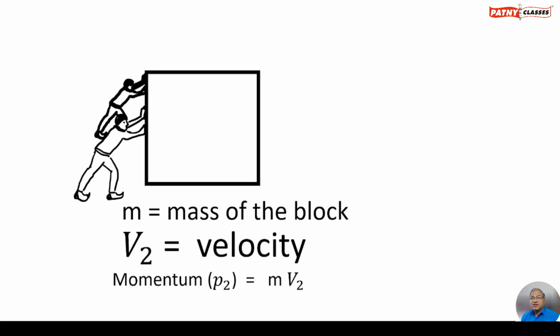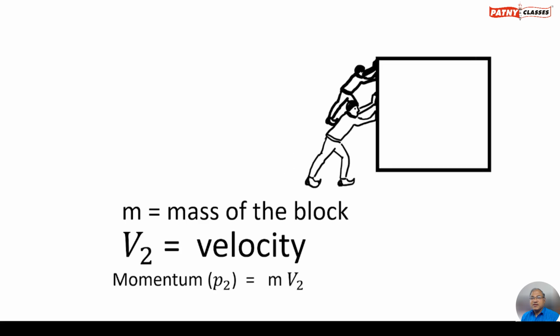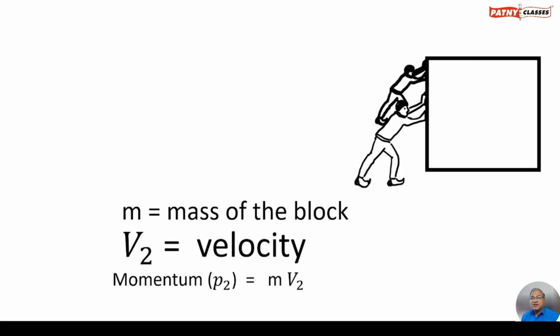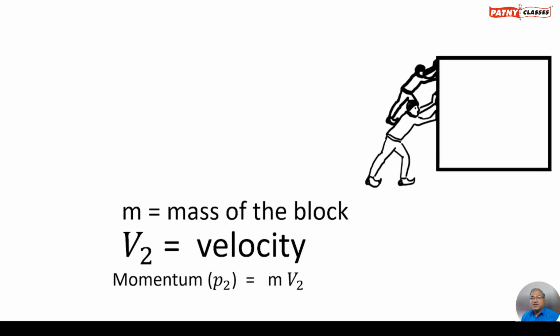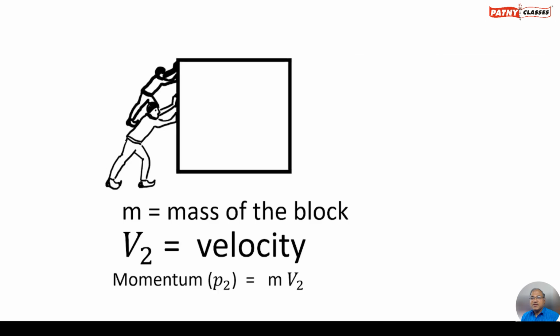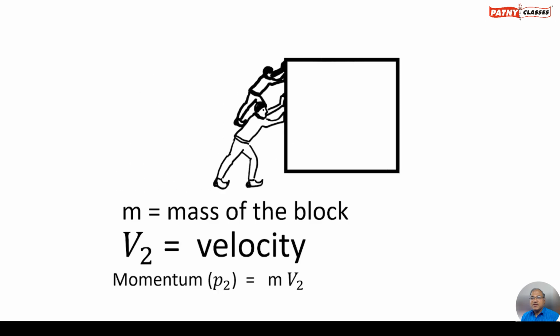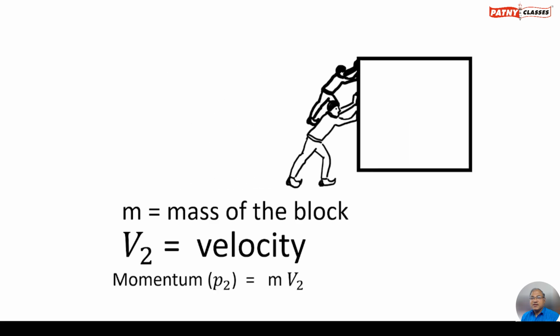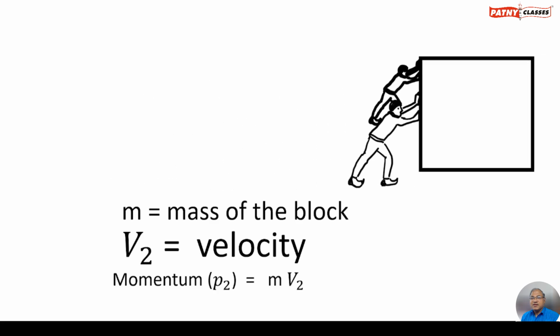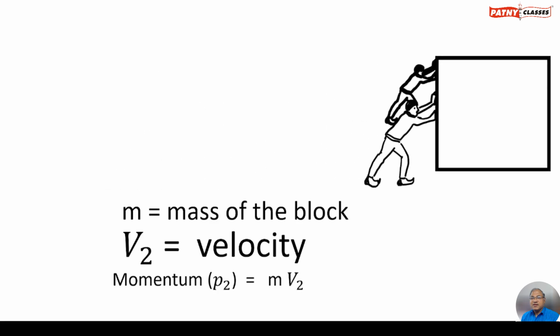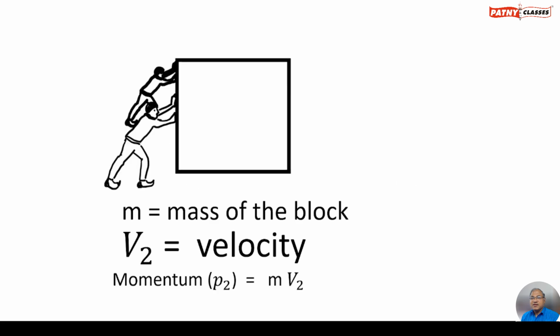Now, when the block is being pushed by two men, the velocity of the block increases due to the increased force acting on the block. In this case, the momentum of the block is again the product of mass and velocity. Therefore, the momentum of the block in the second case, P2, equals m into v2.